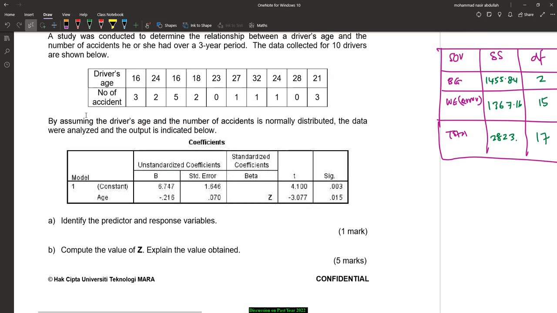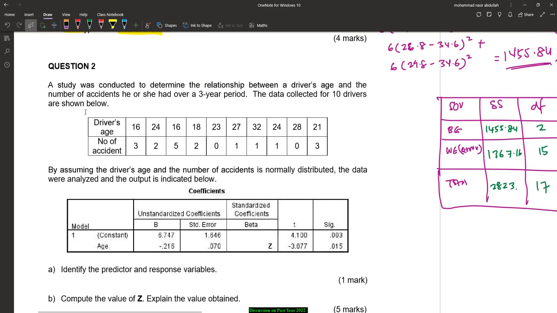Right. So question number 2 dia kata a study was conducted to determine the relationship between driver age and the number of accidents he or she had over a 3 years period. Right. So setiap dalam masa 3 tahun berapa kali accident dia kena. Right.